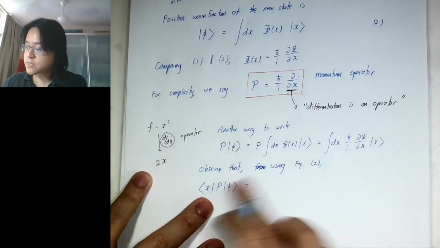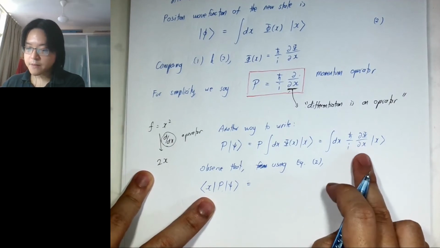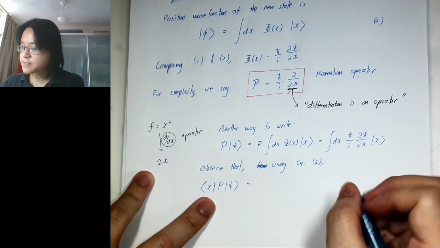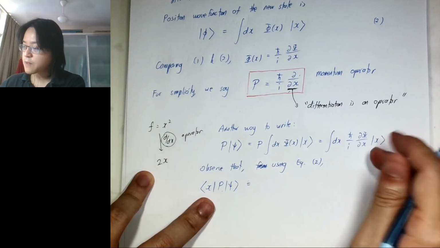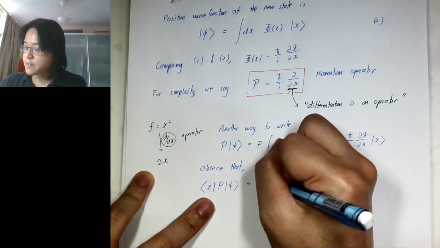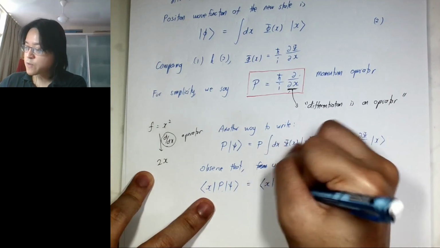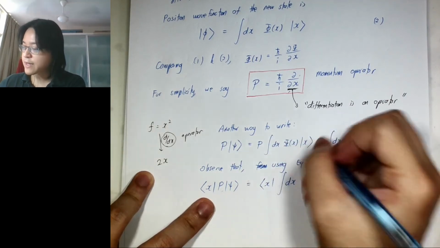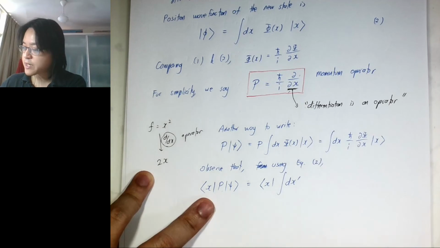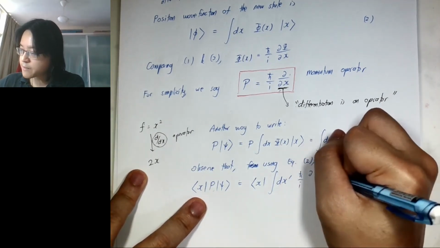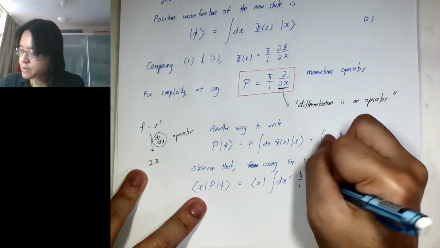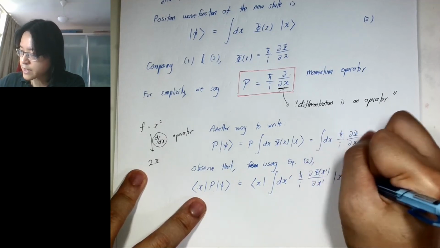So on this side of the equation, I have to be careful. This is x prime, and then this is h bar over i, d psi of x prime dx prime, times the bra x with ket x prime, because these two are not the same.